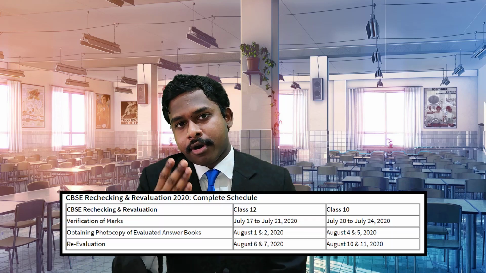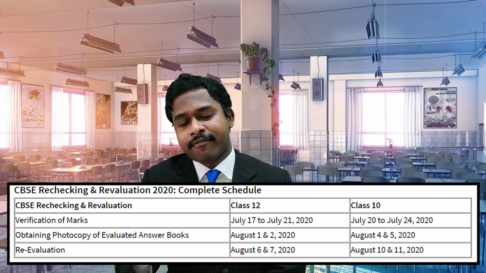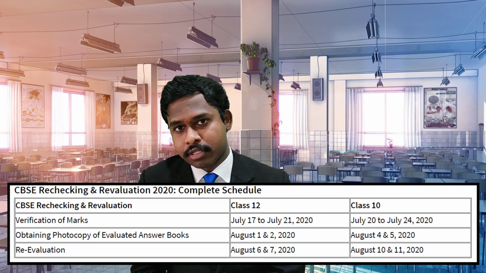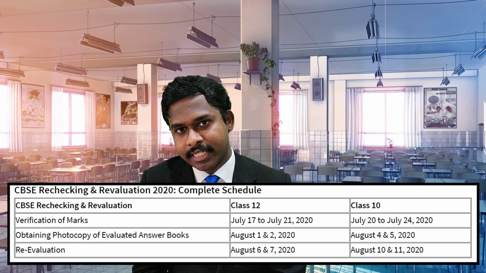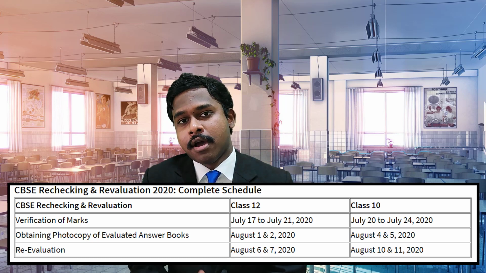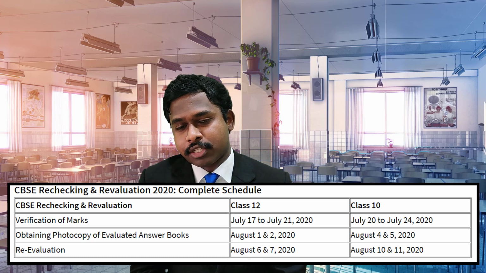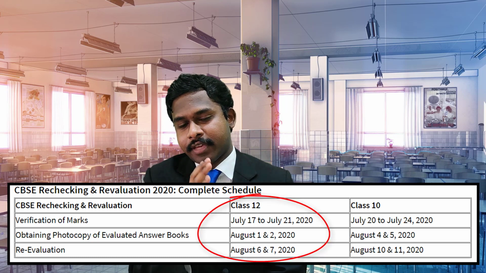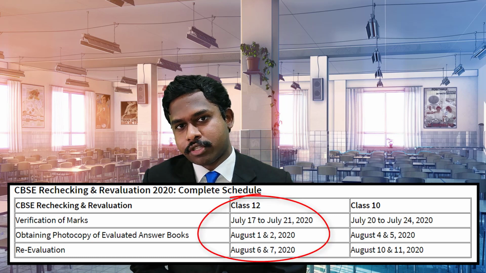So I've given the entire schedule for rechecking and reevaluation of the CBSE class 12 and class 10 board examination here. As you can see, you got the CBSE class 12 results on 13th of July 2020, and now you have the option of retotaling of marks between 17th of July and 21st of July.